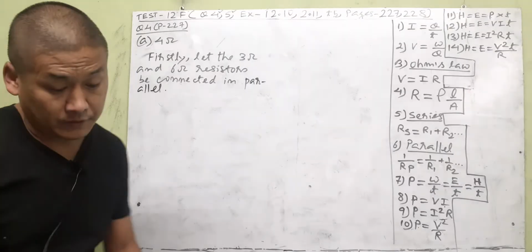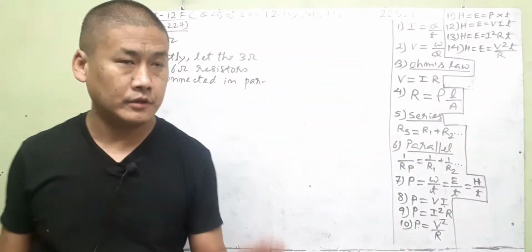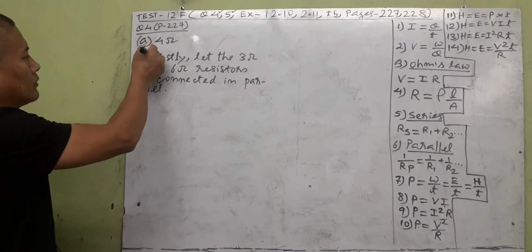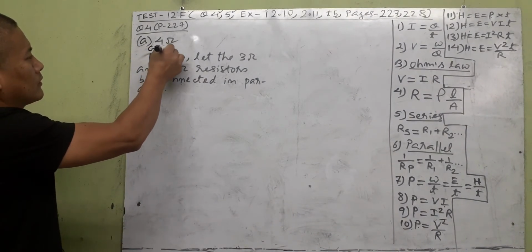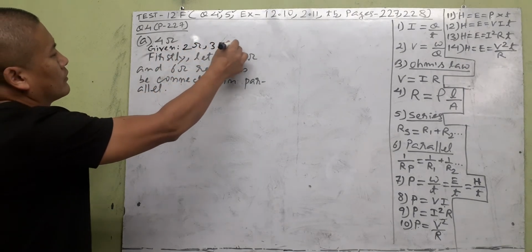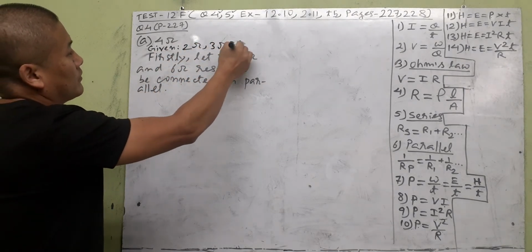So we have given 2, 3 and 6. So the 3 and the 6 out of the given ones. You can write here if you want. Given is 2 ohms, 3 ohms and 6 ohms resistors.